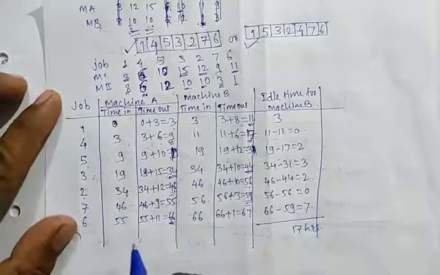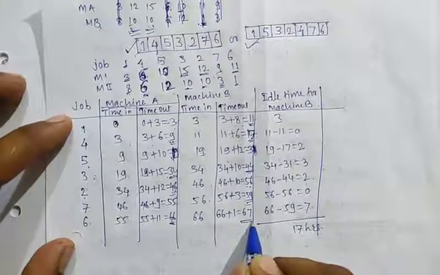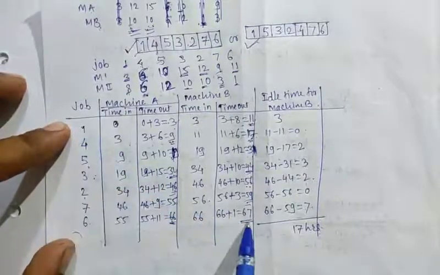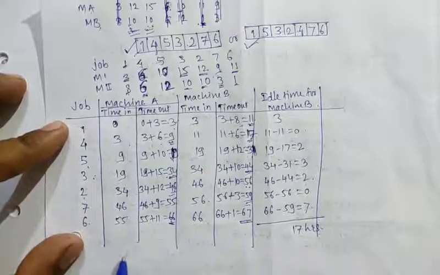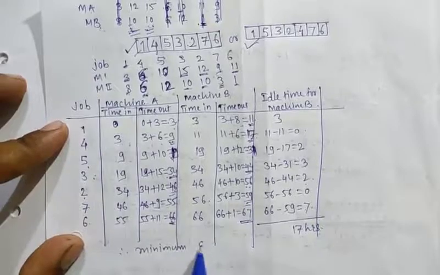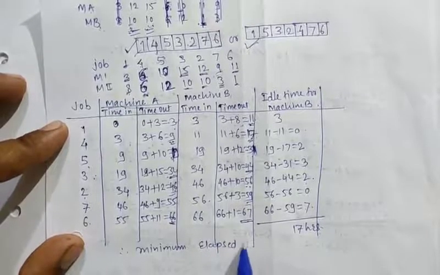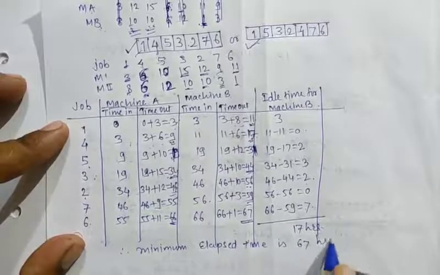Therefore, the total elapsed time is how much time for completing the first and last job, which is 67 hours. Therefore, the minimum elapsed time is 67 hours.